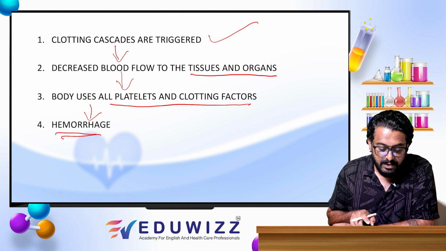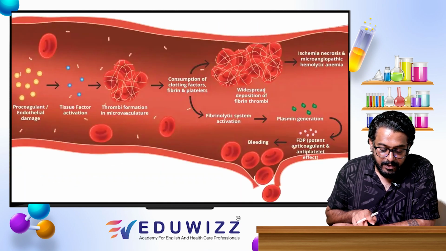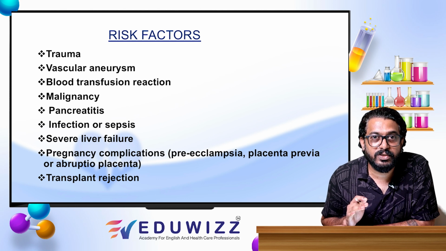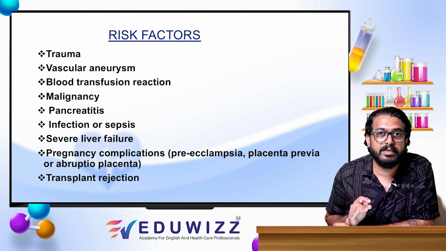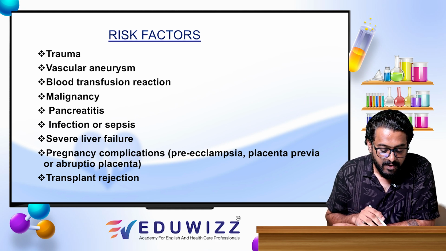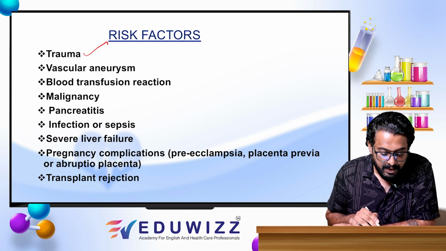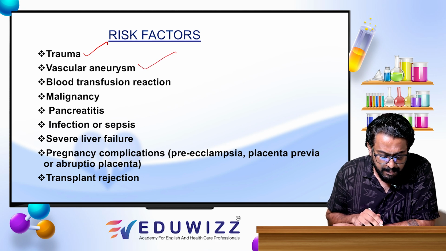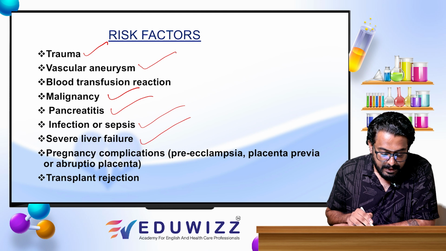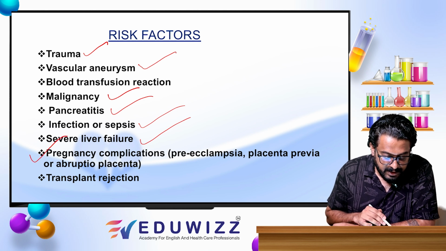Okay. Now, as I said, there are always some underlying factors or risk factors which cause this disseminated intravascular coagulation. Let's see what are the common risk factors. First one is trauma, vascular aneurysm, malignancy, pancreatitis, infection or sepsis, severe liver failure, pregnancy complications.